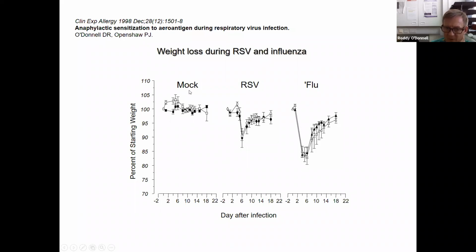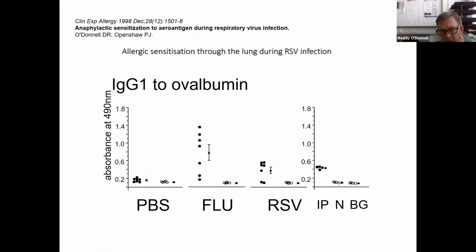If we do a three-way experiment where we mock infect them, we give them RSV or we give them flu, and then we expose them to an allergen, and for this we used egg white, ovalbumin, you can see that both RSV and flu can stimulate the production of the mouse equivalent of IgE, which is IgG1. So if you measure their plasma afterwards, they develop an allergic response to egg white if you expose it during the context of an acute viral illness. If you expose it after or before, they don't develop it. So there's something about inflammation in this context that allows sensitization to take place.